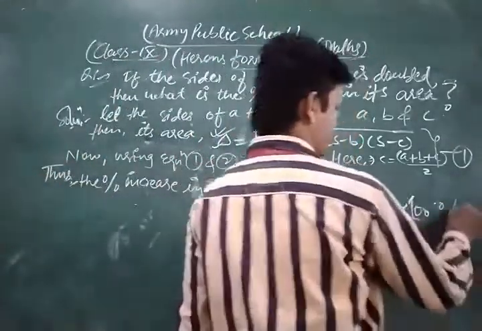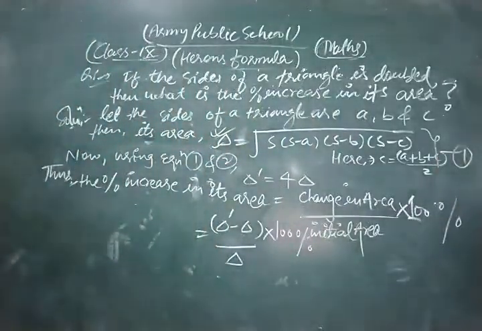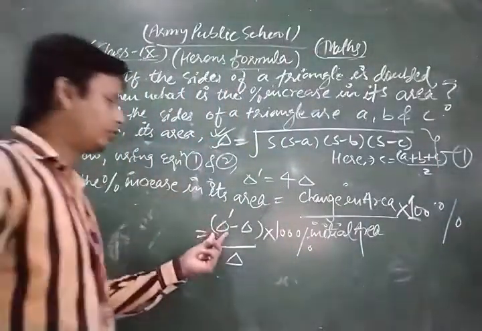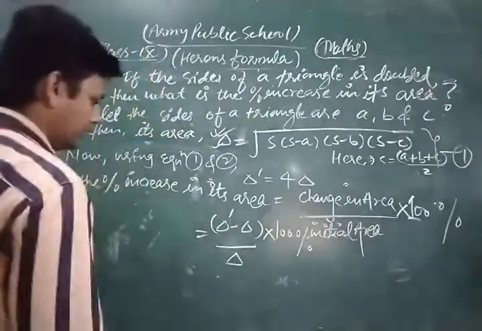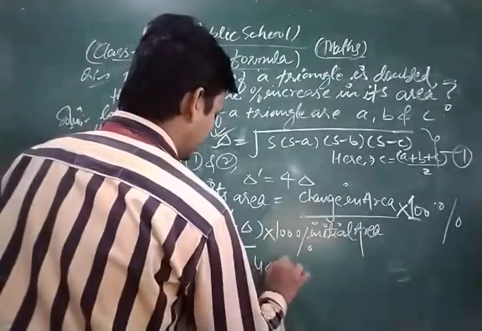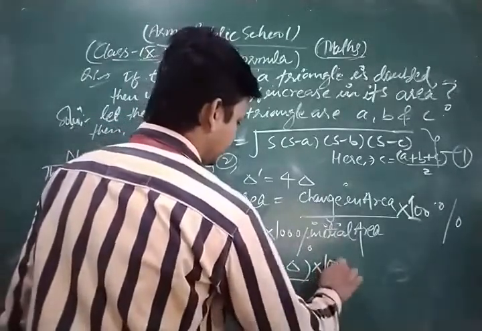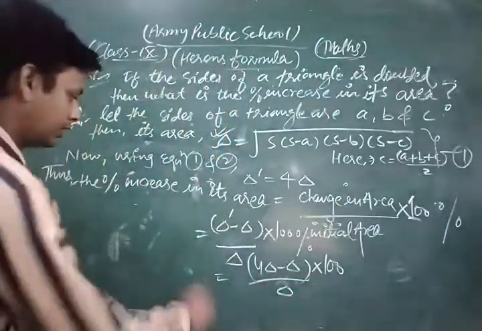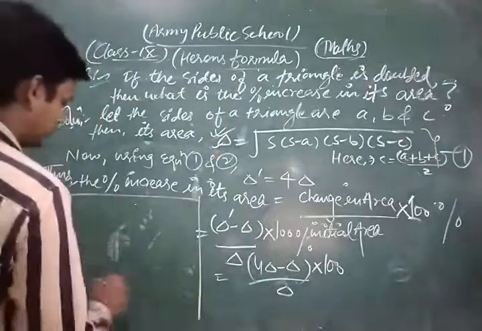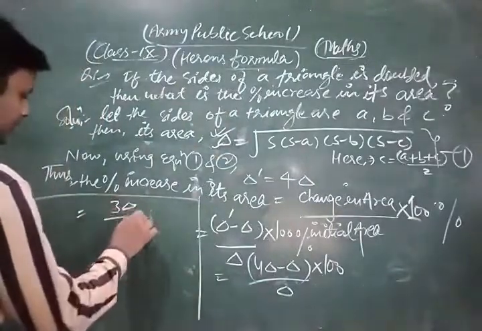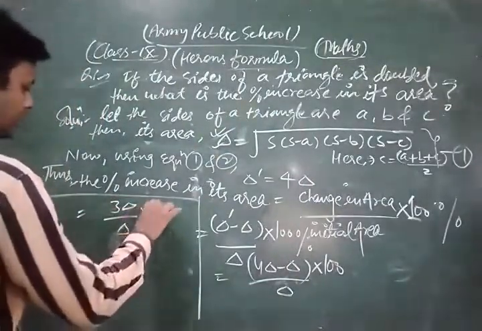So now we put the value of delta dash, and we get 4 delta minus delta upon delta into 100. So 4 delta minus delta becomes 3 delta upon delta into 100.